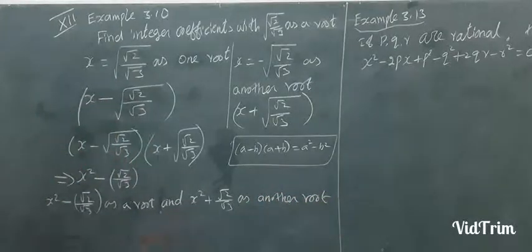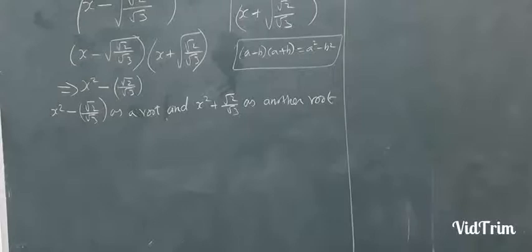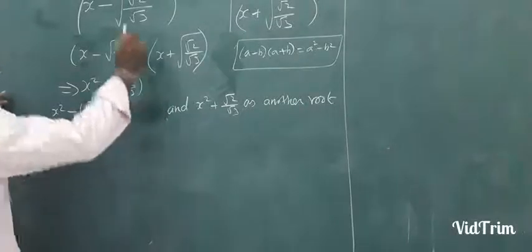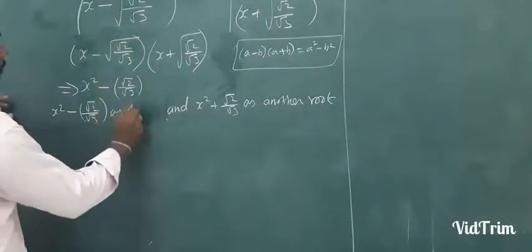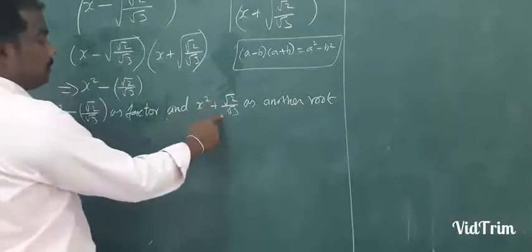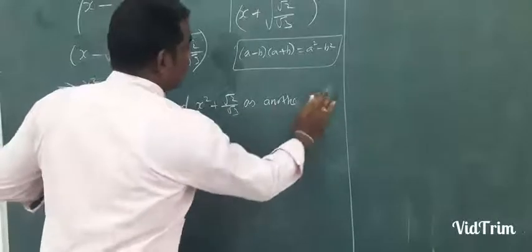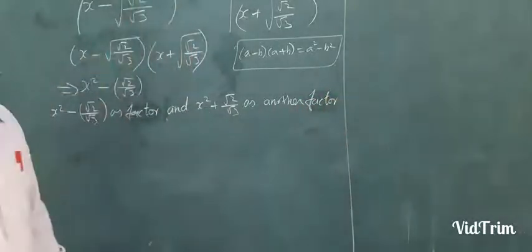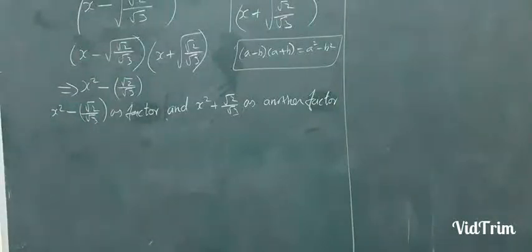Again I select one more root because we need integer coefficients. That is the point. You may keep x square minus root 2 by root 3 as a factor, and x square plus root 2 by root 3 as another factor. So the root is not wrong, but it is useful to you.